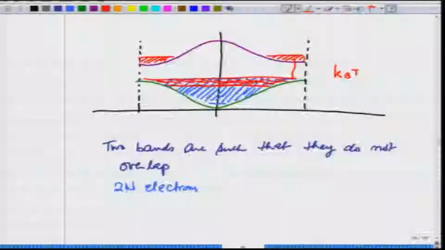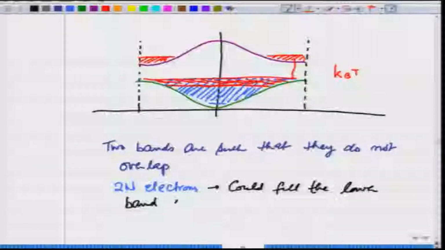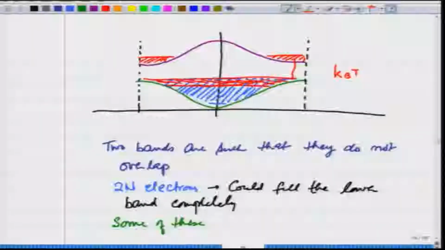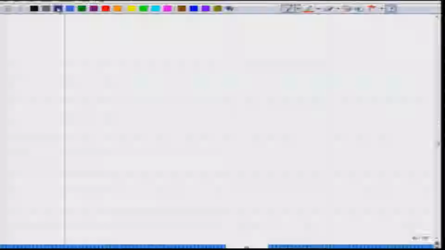So, if that happens, the electrons could fill the lower band completely, but because of what we discussed just now, some of these go to the upper band, and therefore, let me keep making this picture again and again, so that it is clear what is going on.